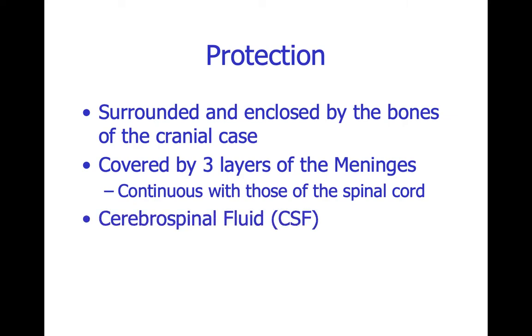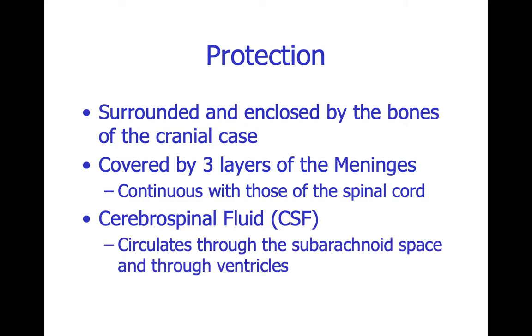We also have cerebrospinal fluid. This circulates through the subarachnoid space, as we've mentioned, and the ventricles, and we mentioned that way back in the beginning of our lectures on the nervous system. And they're going to be spaces within your brain, and those spaces allow for the circulation of cerebrospinal fluid. And it acts kind of as a shock absorber.